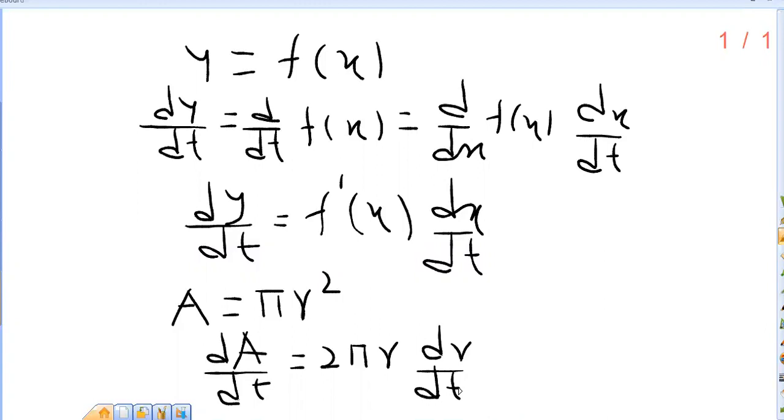Next line, give the title related rates.